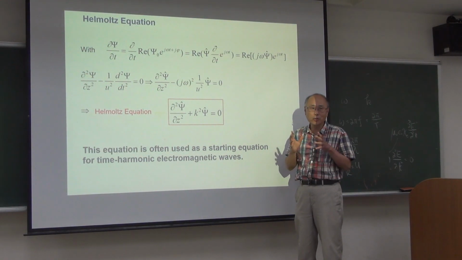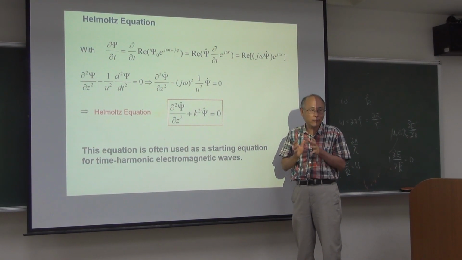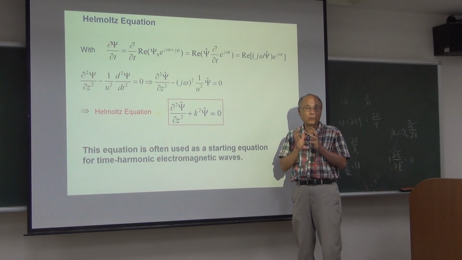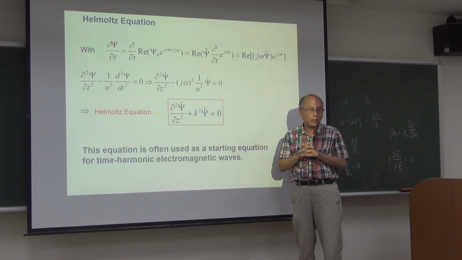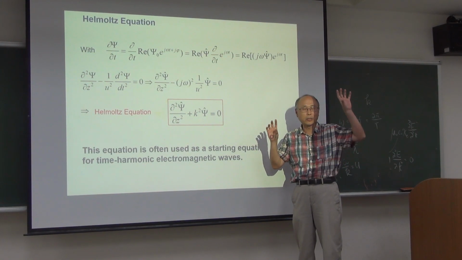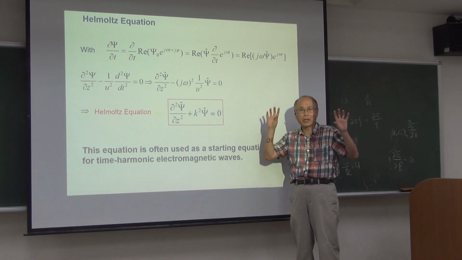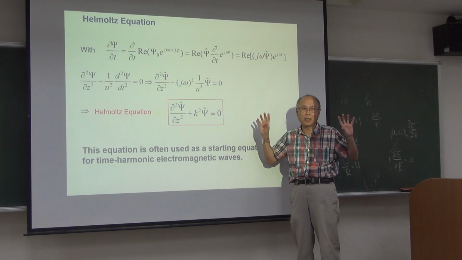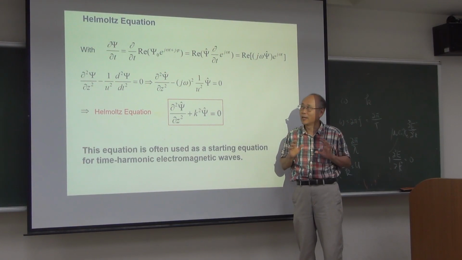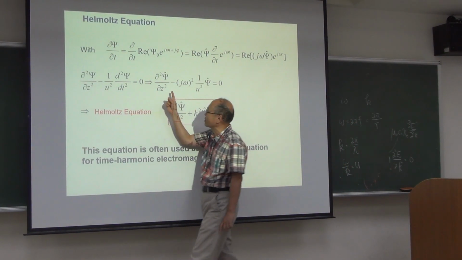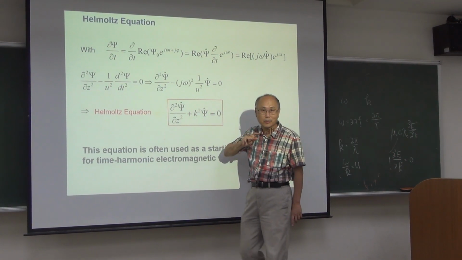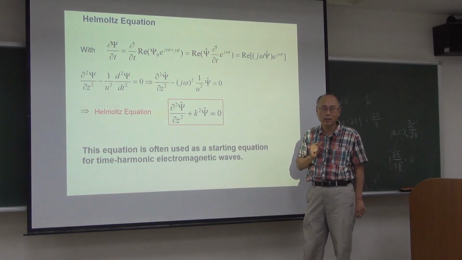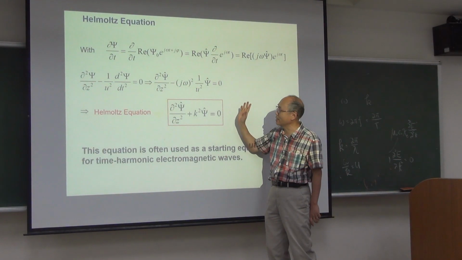Again, the reason we use a phasor notation is to remove the temporal dependence from the calculation. If you have to deal with the spatial dependence and also temporal dependence at the same time, it's tedious. But when you convert this into a phasor notation, you only deal with spatial derivative. You forget the temporal dependence because that is understood.